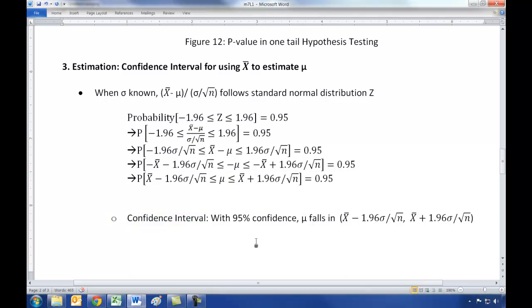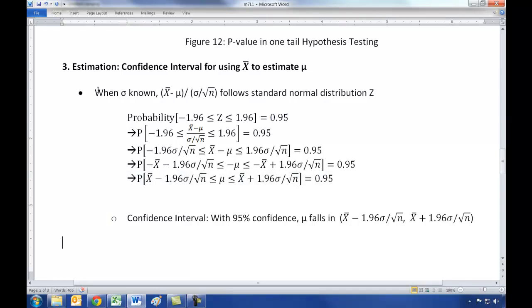So if you want to create a confidence interval with a higher confidence than 95%, all you need to do is change this first equation by choosing two other values that would be associated with a higher probability. And by the same algebraic manipulation, you can arrive at a different confidence interval associated with a higher confidence.